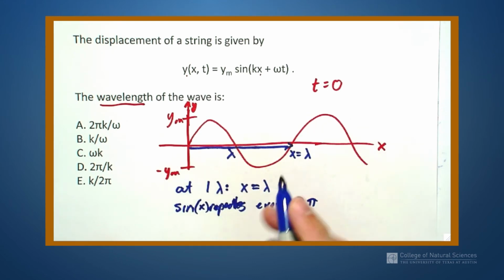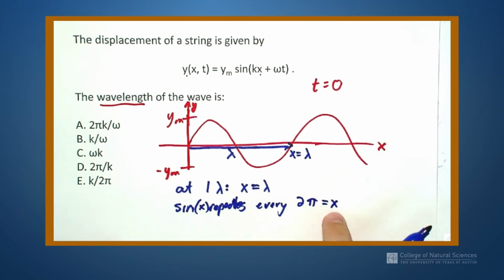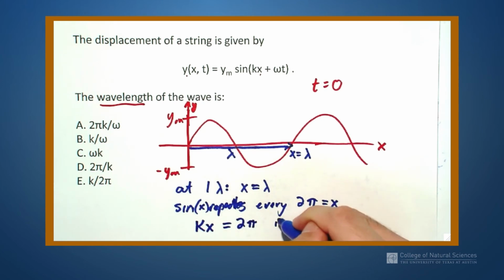Actually, I should probably put: sine of x repeats itself every 2 pi, for x equal to 2 pi. So we're going to repeat ourselves every 2 pi for this trig function. So what I'm saying is that this argument right here, inside the sine function, in this case kx, has to be equal to 2 pi if x is equal to lambda.